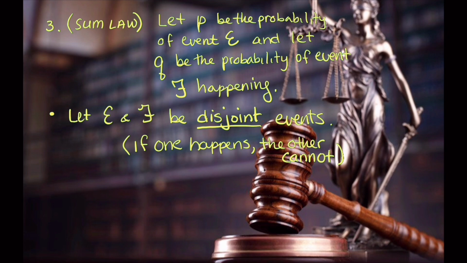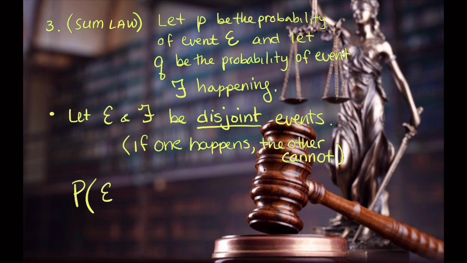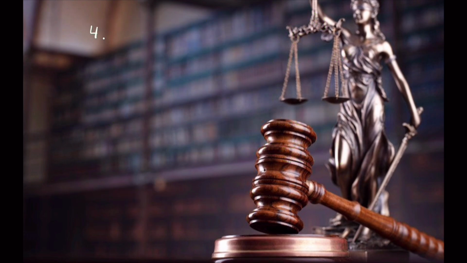So they are sort of complementary to each other in that sense. If E was picking an even number and F was picking an odd number, this would make sense. So you could have the probability of picking an even number or picking an odd number, and that probability would be the sum of the two probabilities, P plus Q, the probability that either happens.